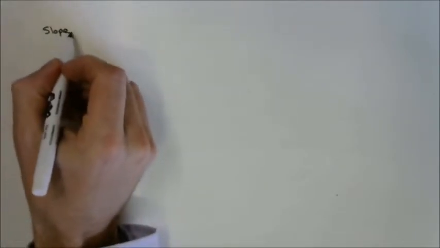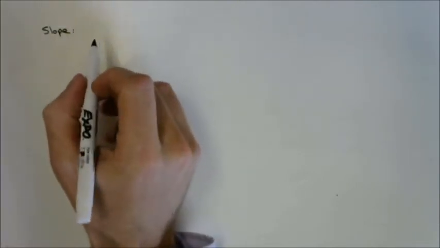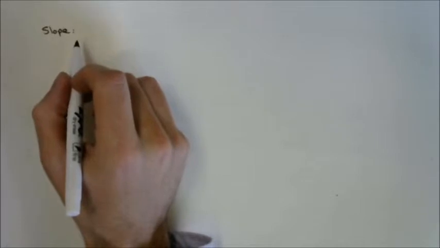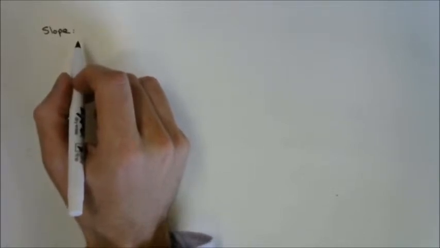The last thing that we're talking about is slope. And you should be fairly familiar with what slope is. We've taken notes on it several times and we're going to do several more. So here we go.